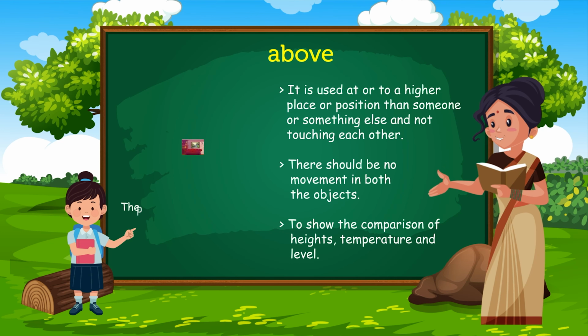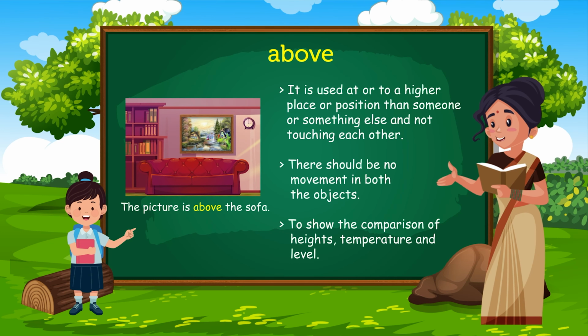For example, the picture is above the sofa. Picture is in a higher position and it is not touching the sofa, and moreover it is not moving. So we use the preposition above.